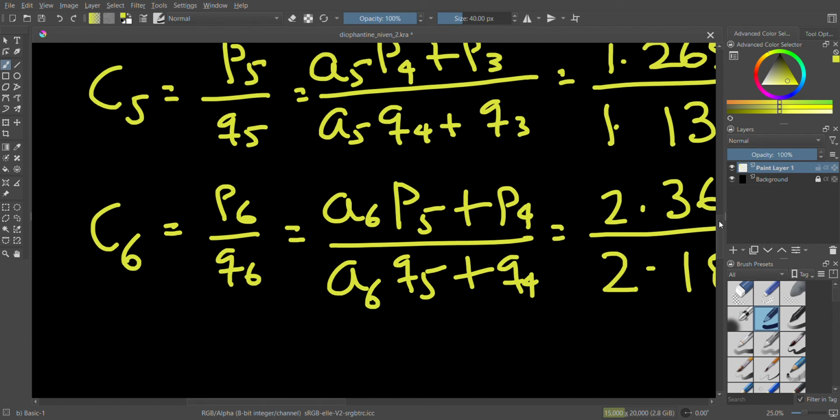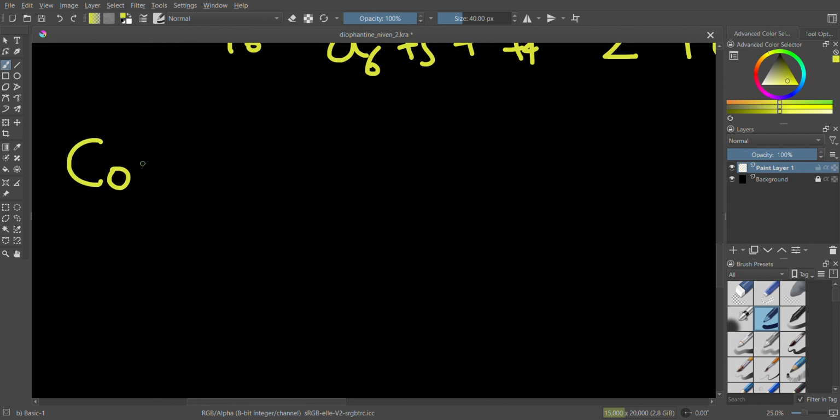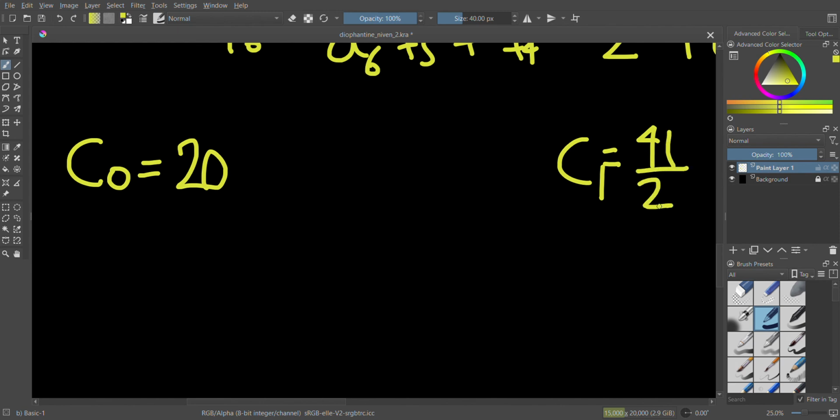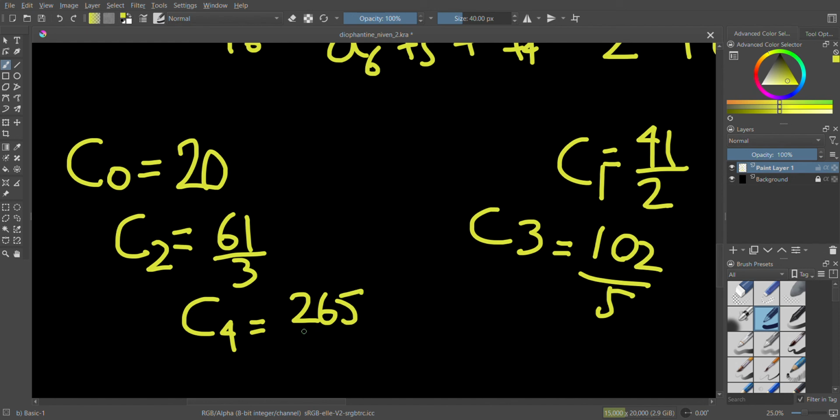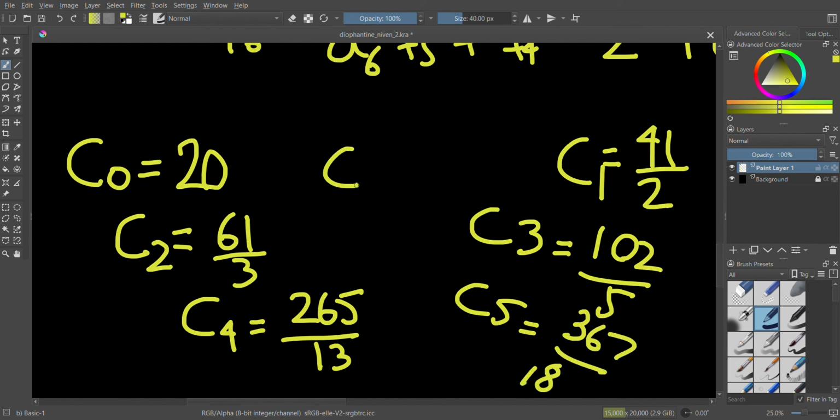Okay, and if I write them all out down here from my notes, C0 is 20, and C1 is 41 over 2, and then C2 is 61 over 3, and then C3 is 102 over 5, C4 is 265 over 13, C5 is equal to 367 over 18, and then the final one is C6, which is 990 over 49.